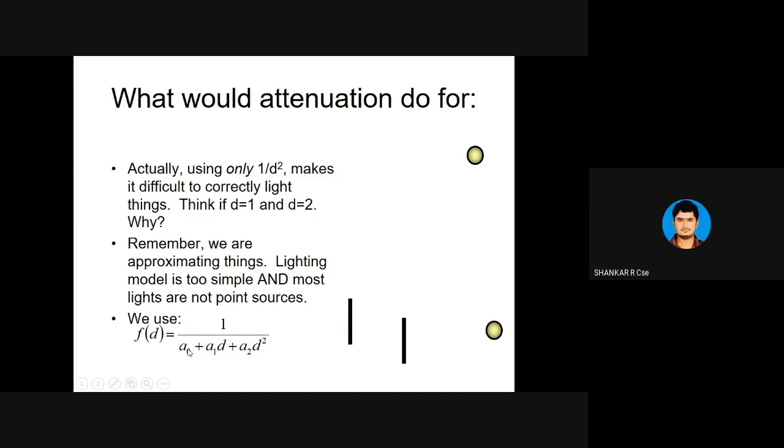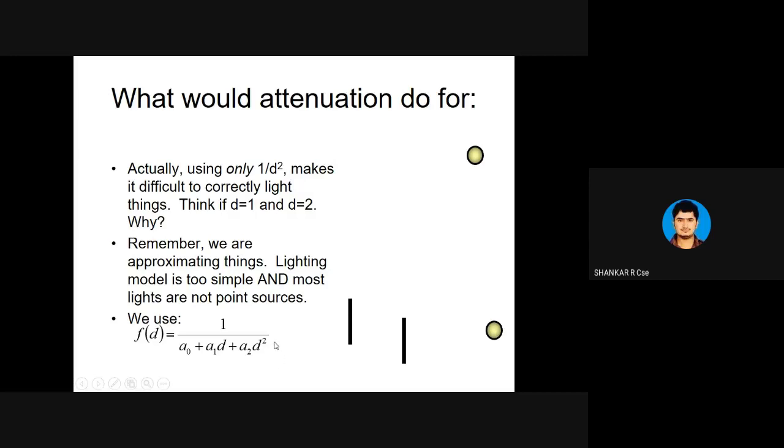That is why I have done a naught. A naught is one light source into that distance, plus a1. A1 is one more light source into d to the power of 1. That's distance. A2 is one more light source powered by that particular distance. So if you keep on adding like this, this is how your attenuation comes into picture.